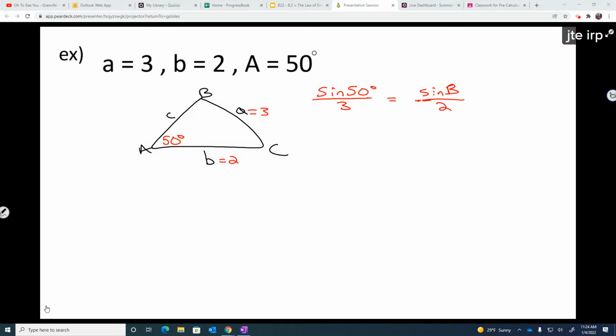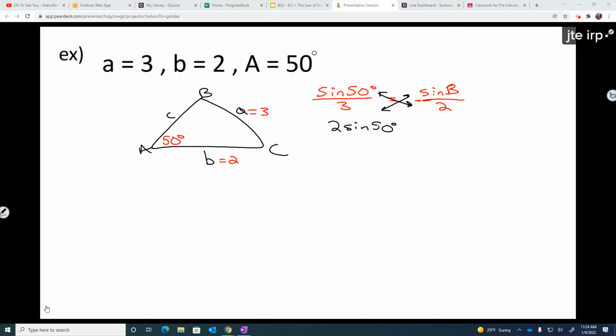We're going to cross multiply. Generally just always start with the top of this one. When you multiply the sine of 50 times 2, the way that you're going to want to write this is 2 sine 50.